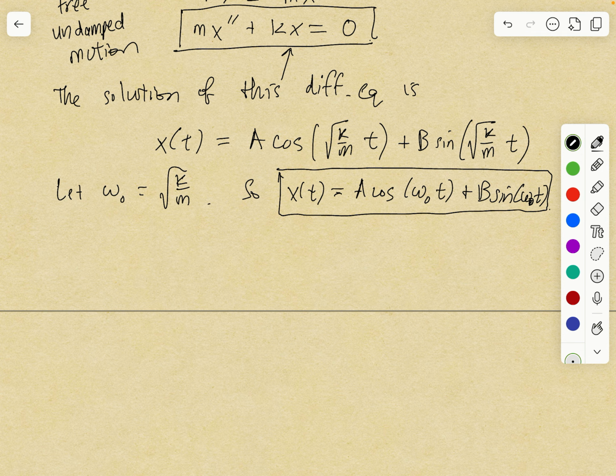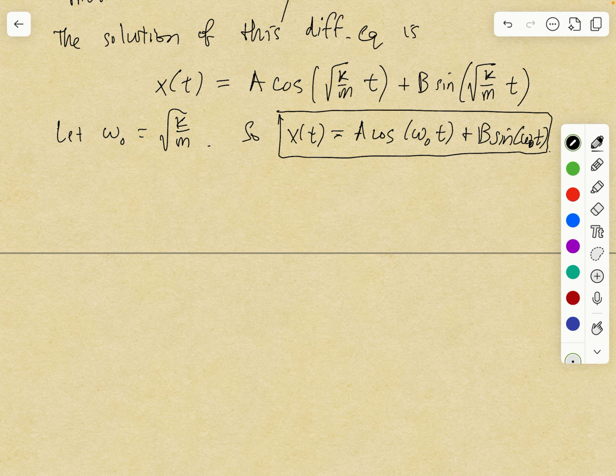Well, it turns out that we can do some algebra to rewrite this. So first, define c to be the square root of A squared plus B squared.